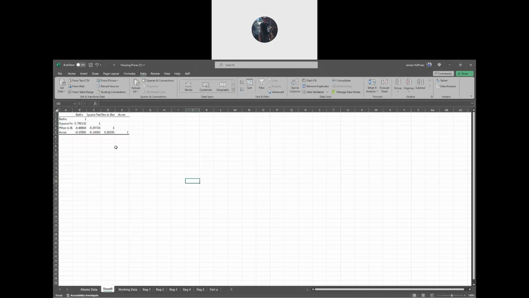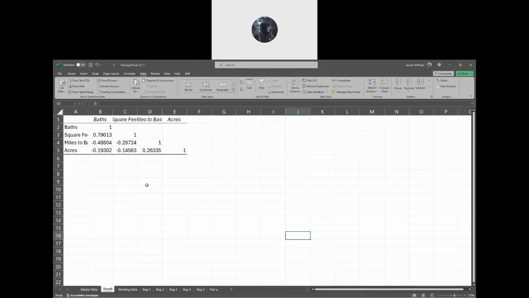Okay, now, I didn't touch that. Oh, yeah, labels. Sorry. And then you should get something like this. Let's call this tab correlations, or CORR.